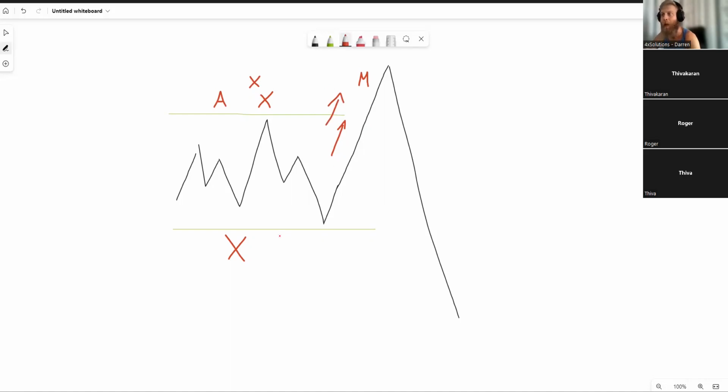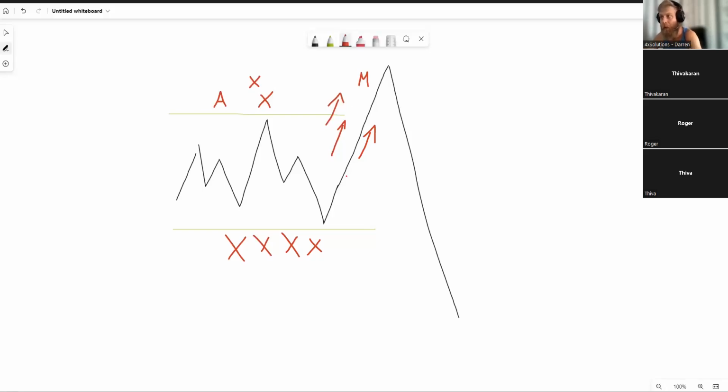At the same time, it confirms to the average Joe that price is actually going higher, and then they buy more. So more sell side liquidity accumulates here as price moves higher, because they think, well, I was right, I'm in a buy, so price is breaking out.